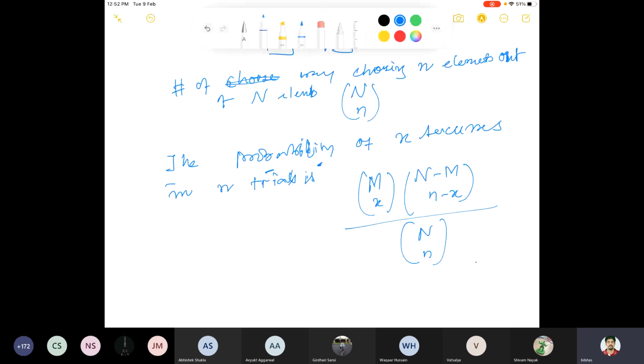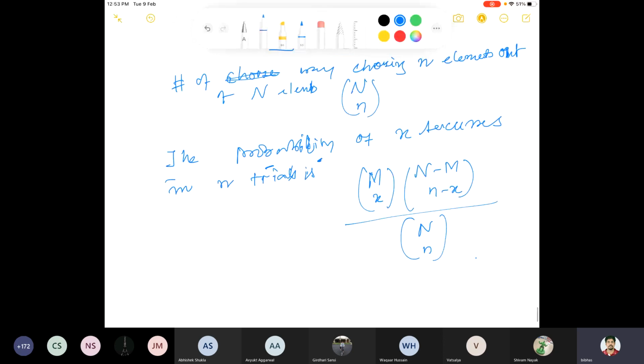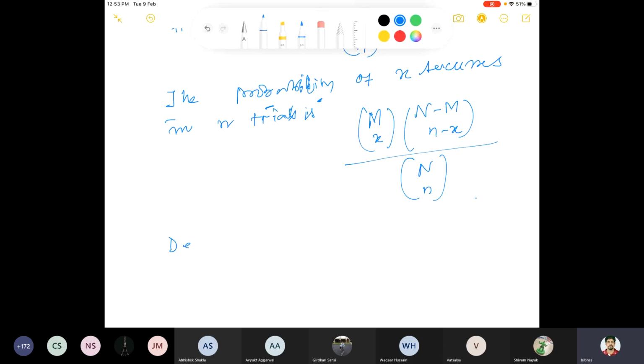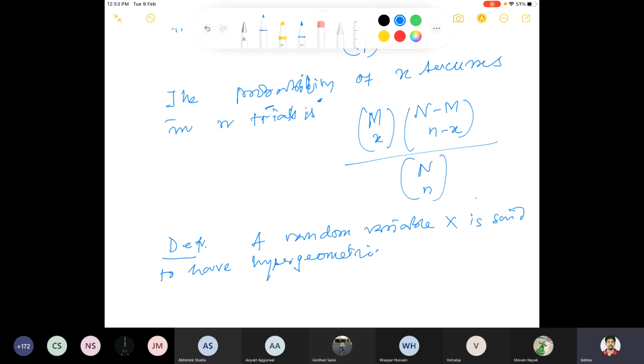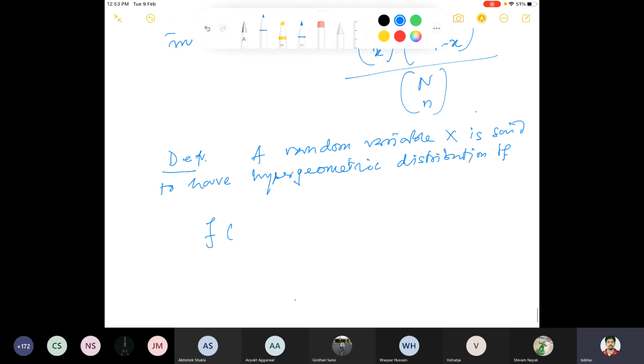So from here, the hypergeometric distribution is exactly this one. Now I will define the hypergeometric distribution. A random variable X is said to have hypergeometric distribution if f(x) equals MCx times N minus M C n minus x, divided by NCn, where x is the number of successes out of small n trials.